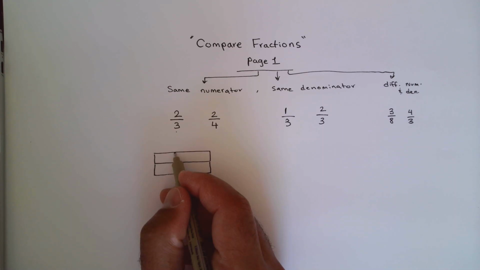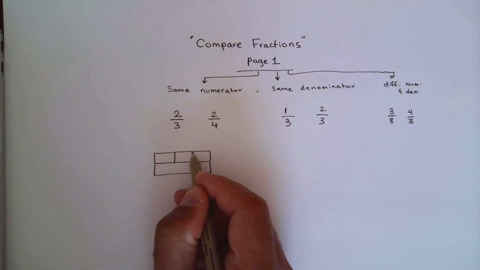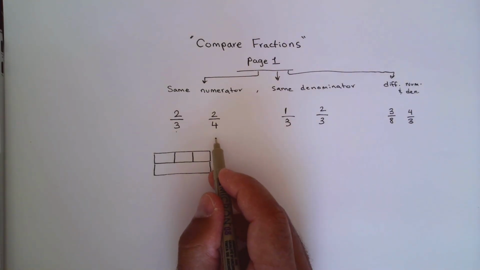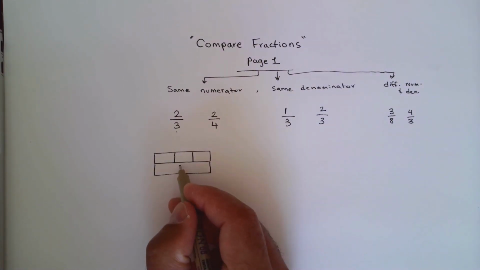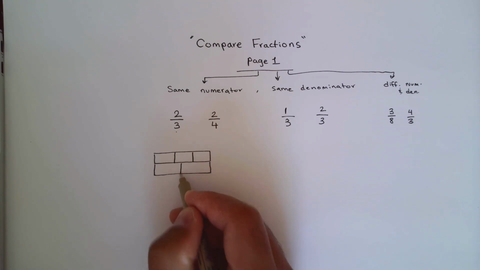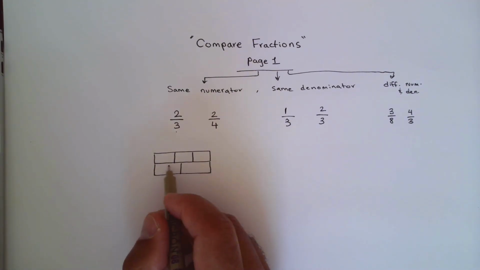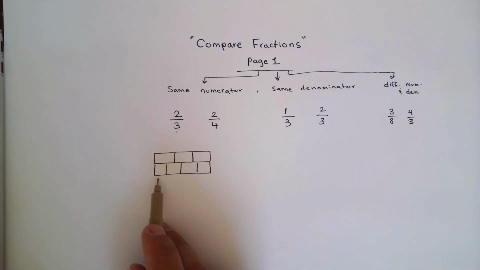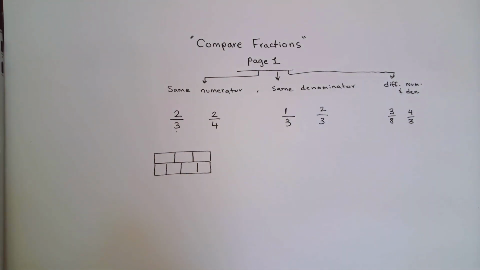So I'm gonna draw my thirds, okay? 4 is an even number, so half of 4 is 2, okay? And half of 2 is 1. So I broke my whole into fourths, okay?